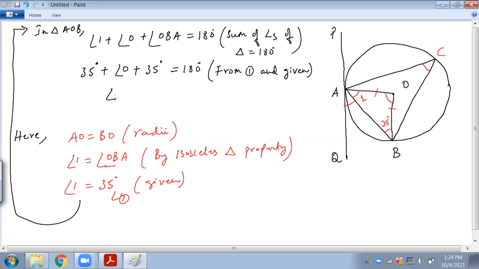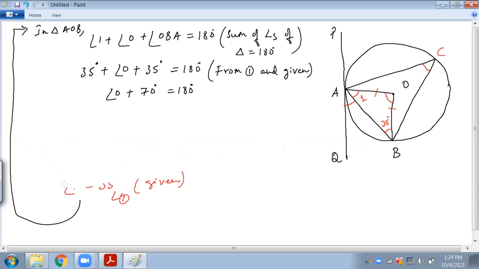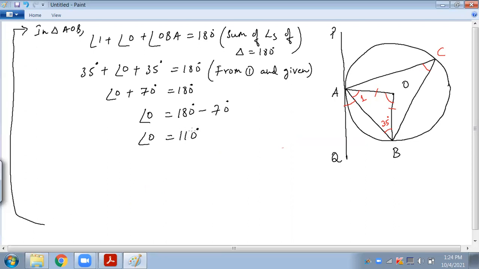Now solve this. 35 plus 35 is 70, so angle O plus 70 equals 180. We take the 70 to the other side, so plus becomes minus. So angle O is 110. We can mark this as 2.